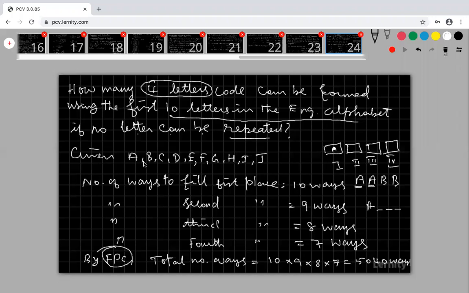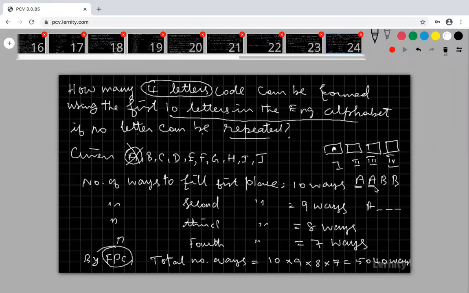So I am reducing one letter from this list, the letter already filled in the first place. Suppose I fill A here, then remaining only 9.